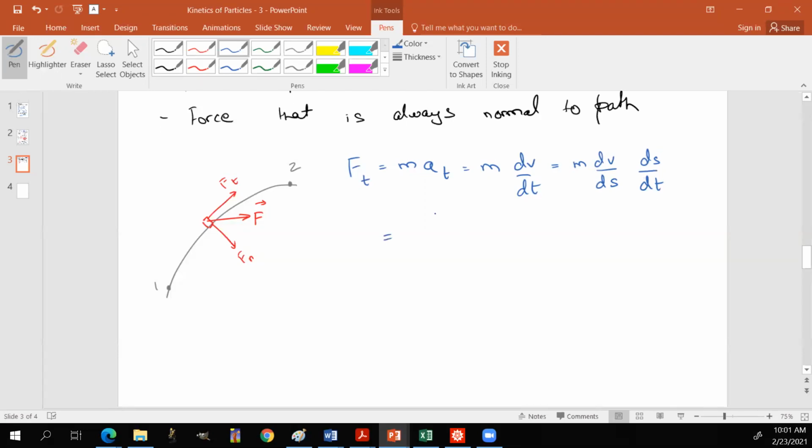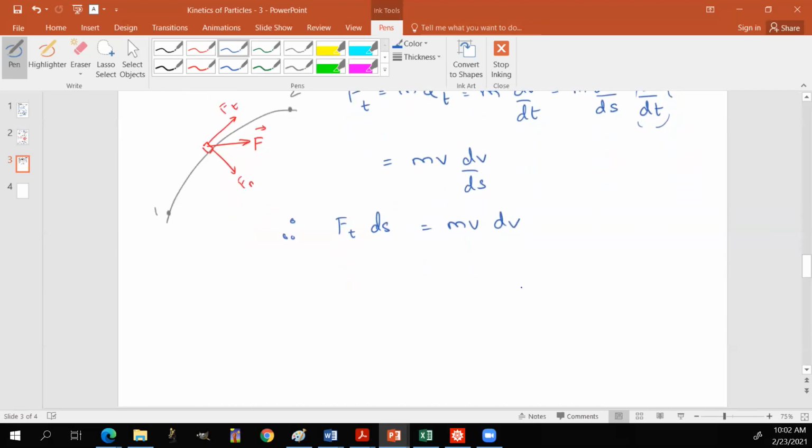It's the velocity itself, right? So you end up with the expression mv times dv over ds, like that. So if you send this ds over to the other side, you get that Ft times ds is equal to mv times dv, like that, right?